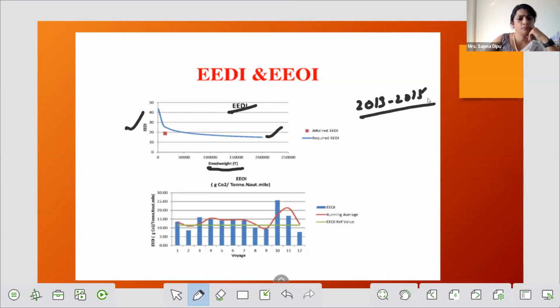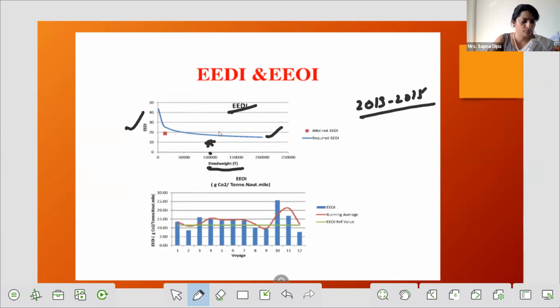It has given, yes, your ship should have this EEDI, but basically we should have lesser than that. Example, if you are going ahead with a 1 lakh deadweight vessel, when you calculate the attained EEDI for your vessel, that value should be below that line. So that is the important thing.